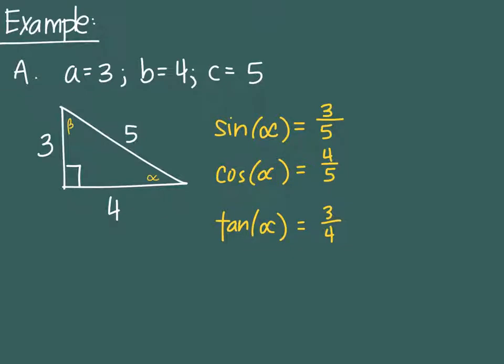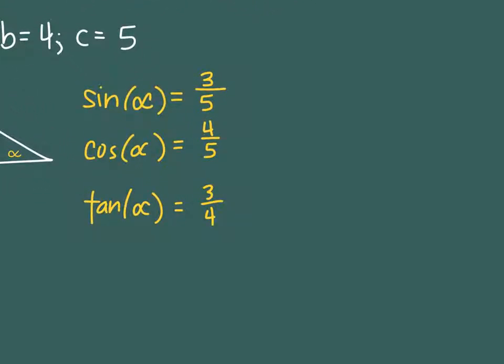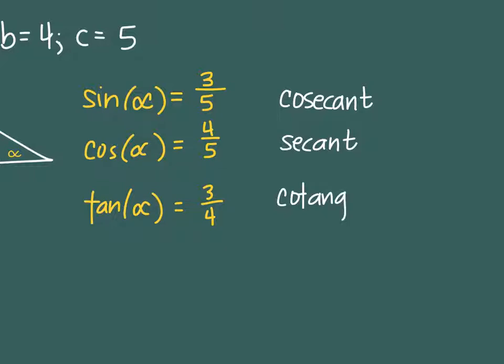Then we have 3 more. The 3 other ones we have are something called cosecant, secant, and cotangent.